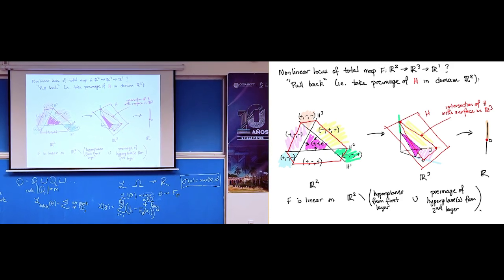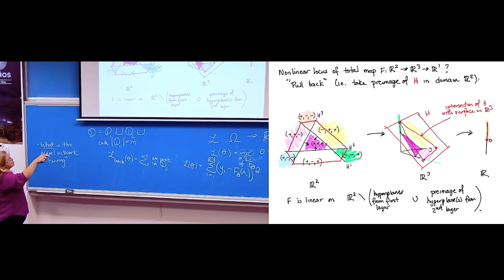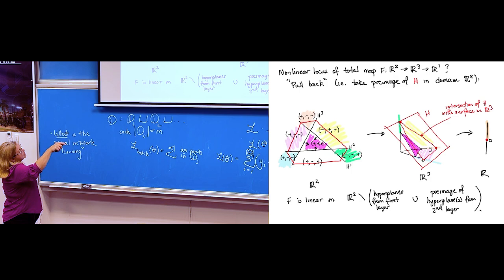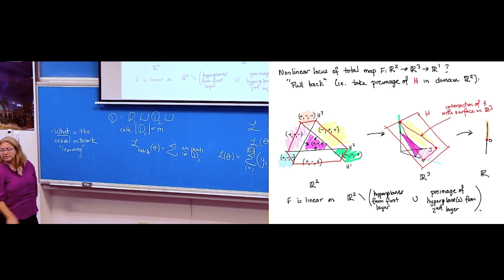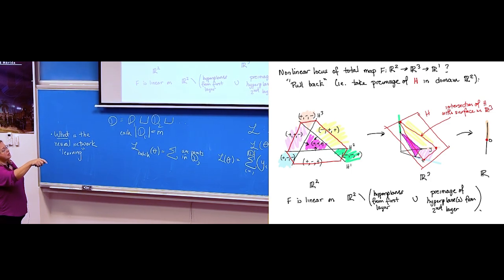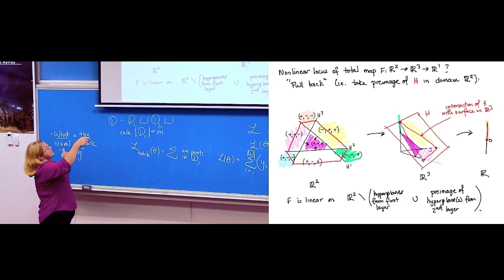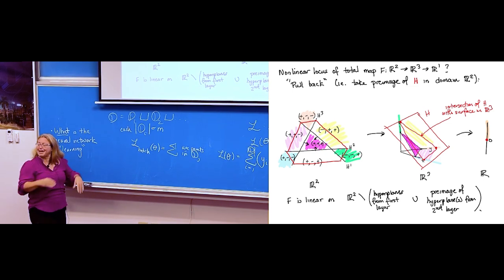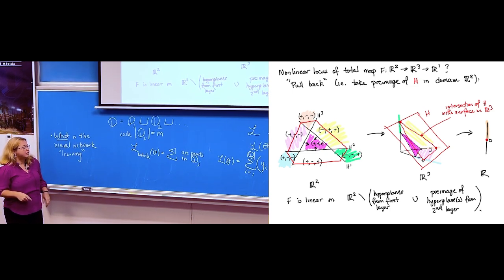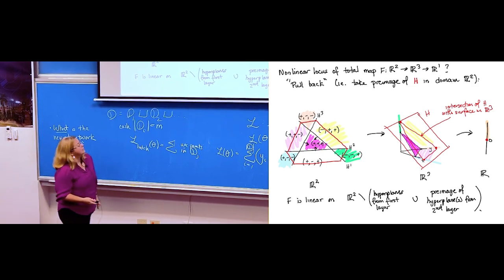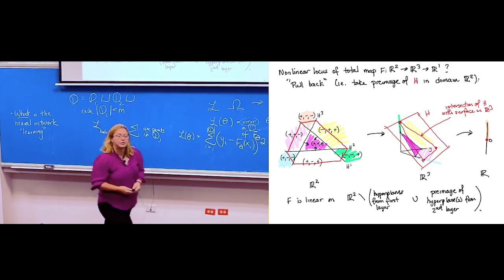So now we have more regions, and the total map is linear on R2 take away the hyperplanes from our first layer, as well as the pre-image of the hyperplanes from the next layer. These are often called bent hyperplanes because you start with a hyperplane, but when you take the pre-image, they bend. Okay, I think I should stop there, and I'll continue this in the next lecture. Thanks.